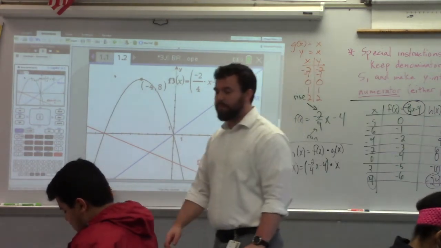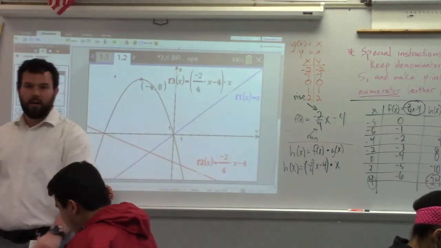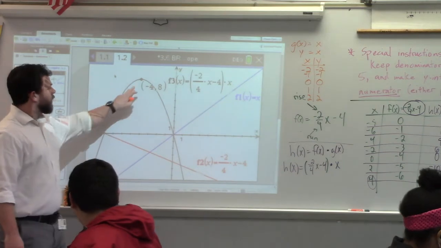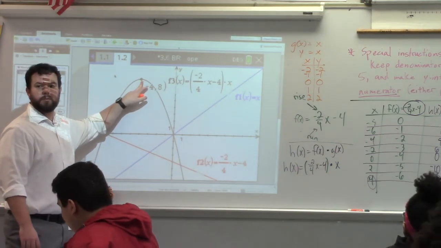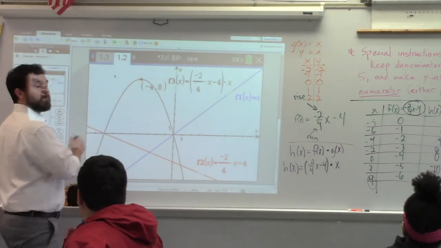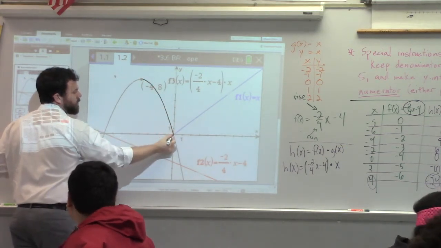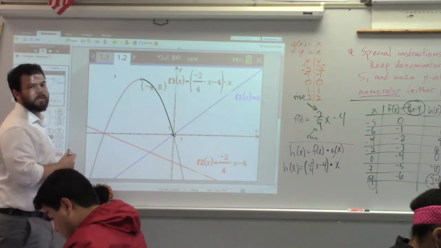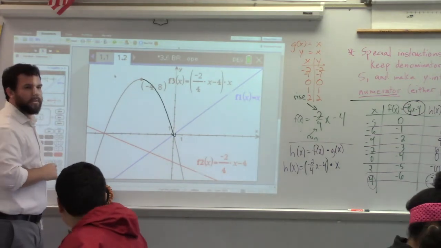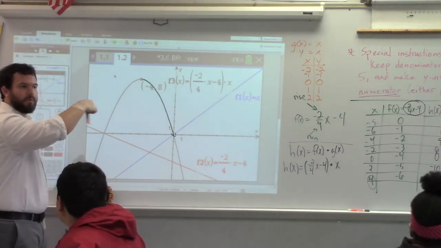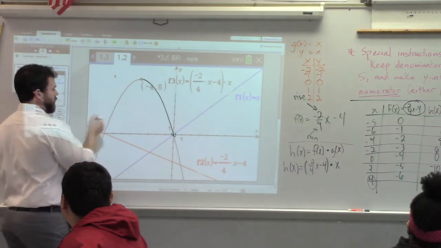What do we see that the graph is doing, or how is it changing at this point? It started decreasing. Meaning, what is decreasing? Your y values are decreasing, right? But if it's decreasing after that, what was happening before? It was increasing.